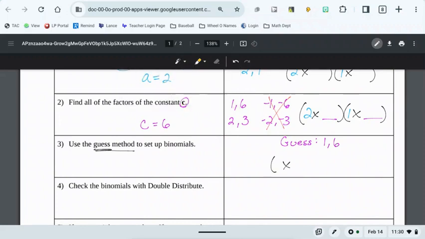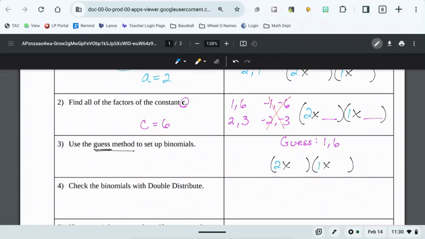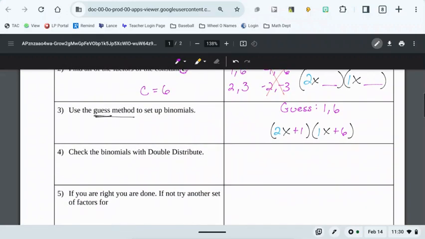We have our little outline that we have set up. I'm going to try and continue color coding this best as I possibly can. So we have positive 1 and positive 6 as the first guess. All right, so now to check, it's our method called guess and check. We've guessed. Now we're going to check by double distributing to see if we get back to where we originally started.